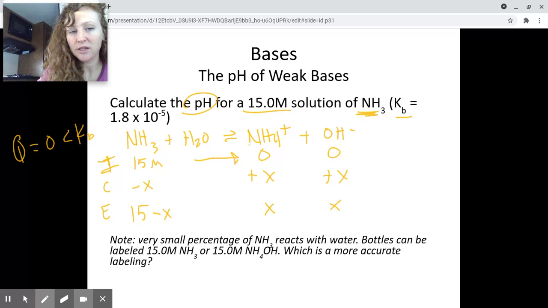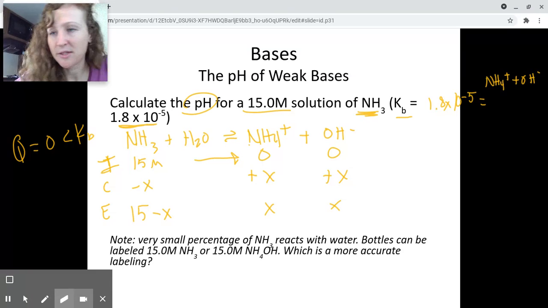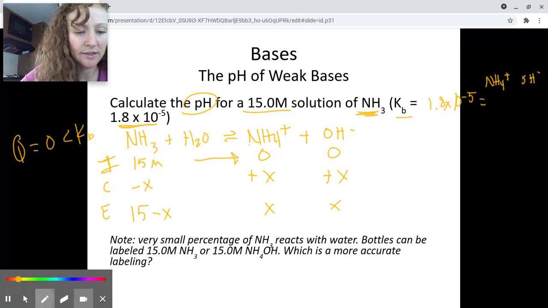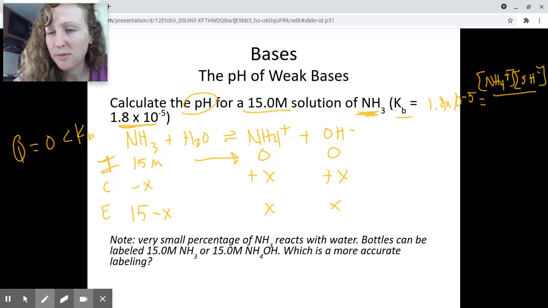My Kb equation, they give me the number here, and I can write an equation. I always write it as plus up there, but it's not a plus. These two things are being multiplied. They each have a coefficient of 1, so I have no exponents.